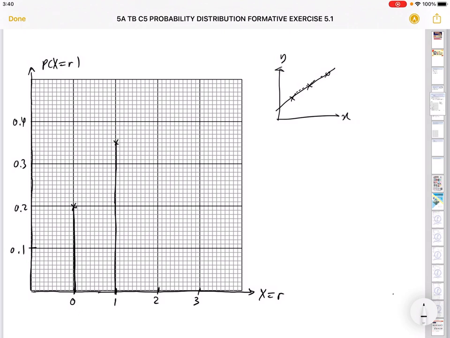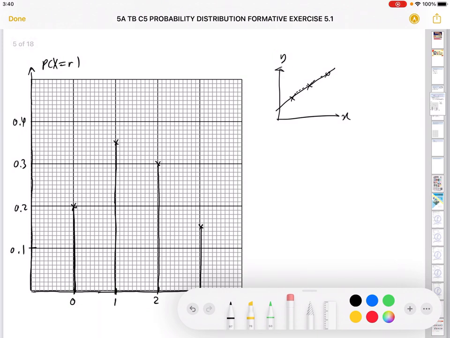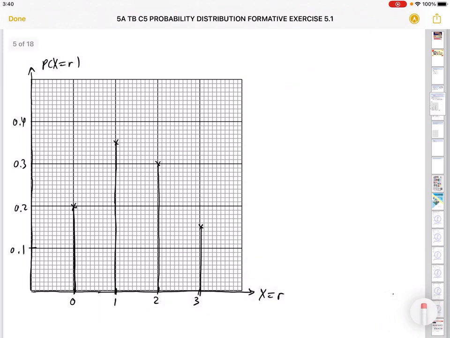Put a cross, line downwards. Then 3, 0.15. You put a cross, downwards. And nowhere else. At 0.1, 0.15, 0.25, 2.3, they're all 0. There's no probability. The probability values are all 0. So that's how my graph looks.